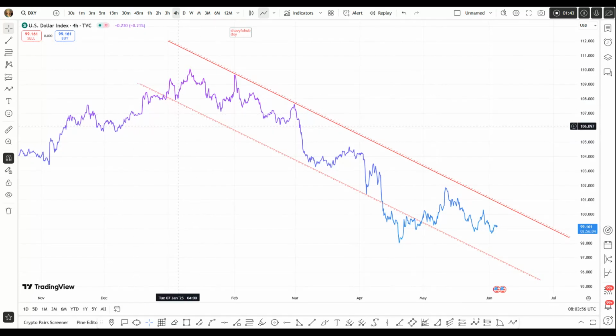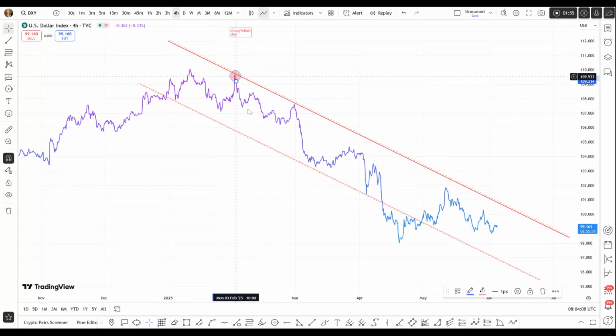So this is our supply roof on 4 hours in the month of February.